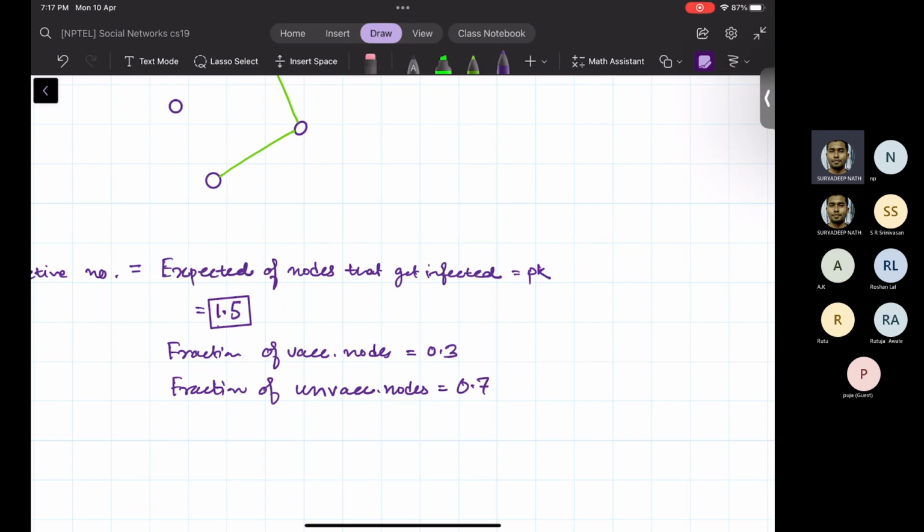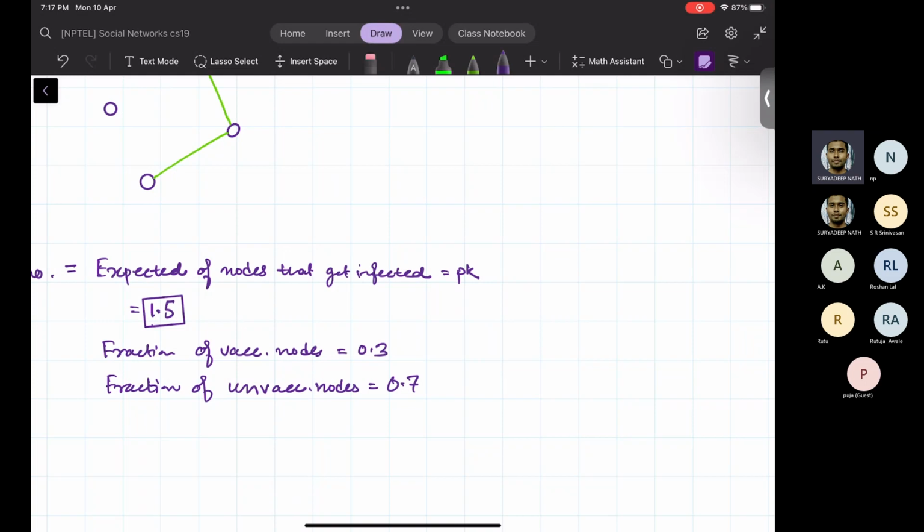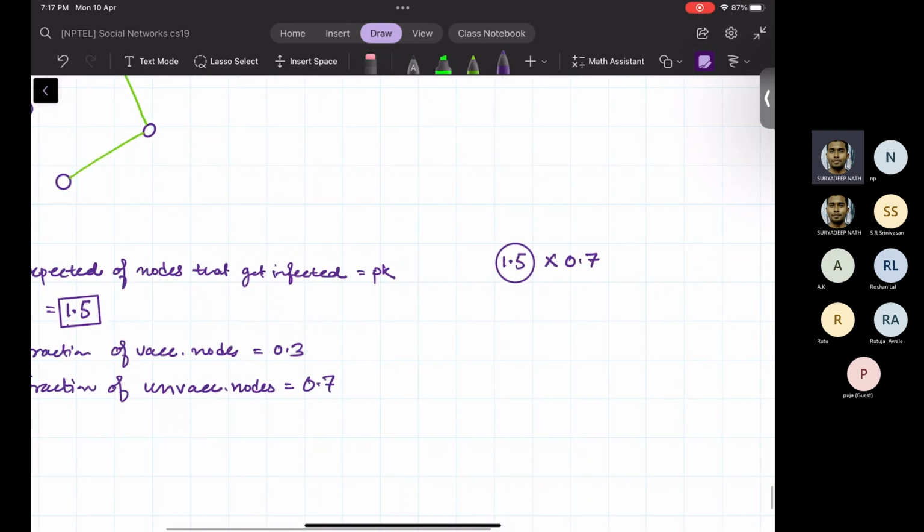So there were 1.5, let's say, nodes expected to be infected, and out of these 1.5 nodes, 0.7 of them, that is 1.